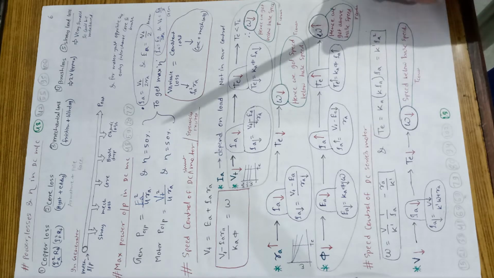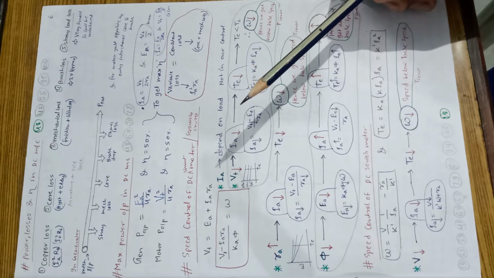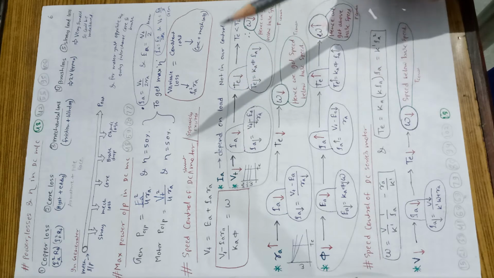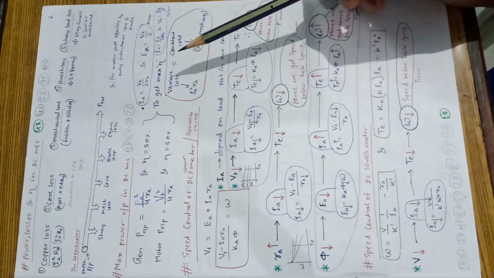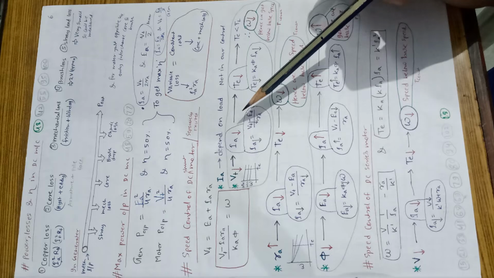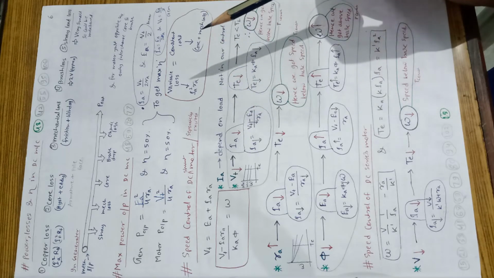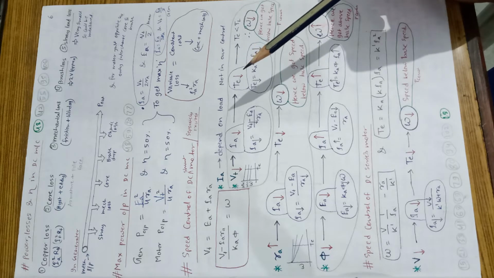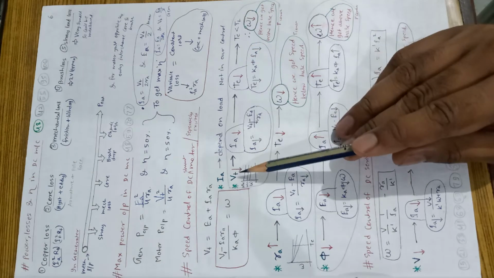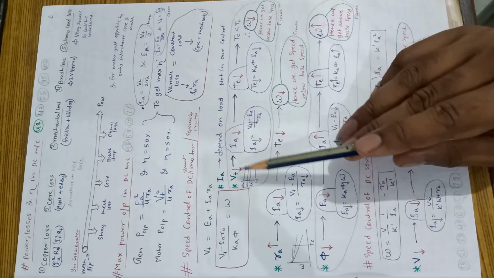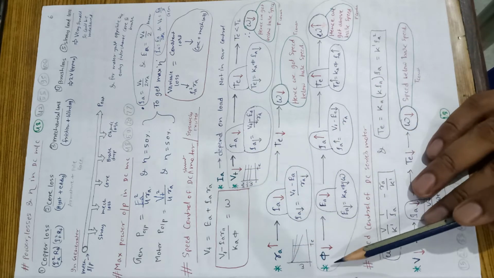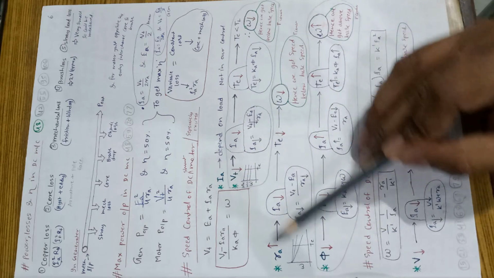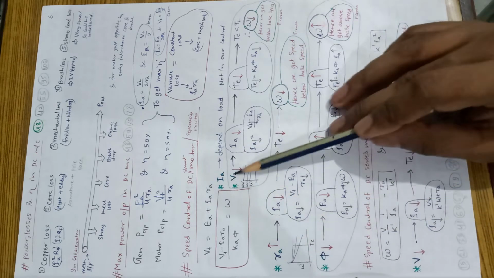When we talk about speed control of a DC motor, we have the variable voltage method, variable armature resistance method, and variable flux control method. Terminal voltage control, armature resistance control, and field flux control. These three are the methods of speed control of a DC motor.